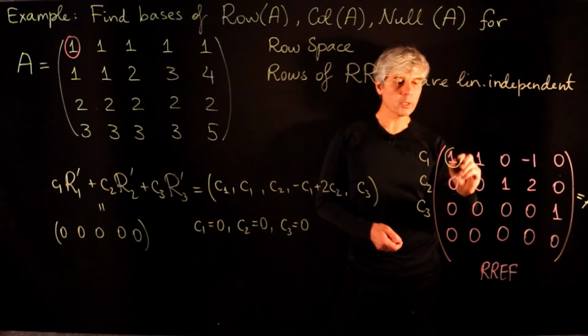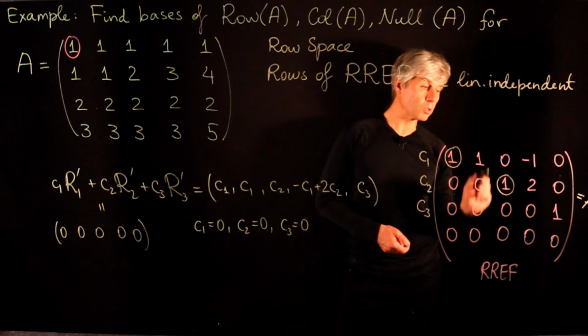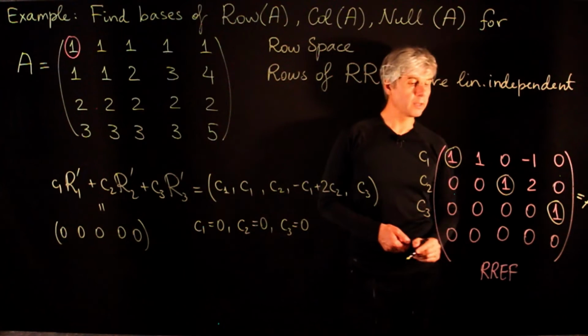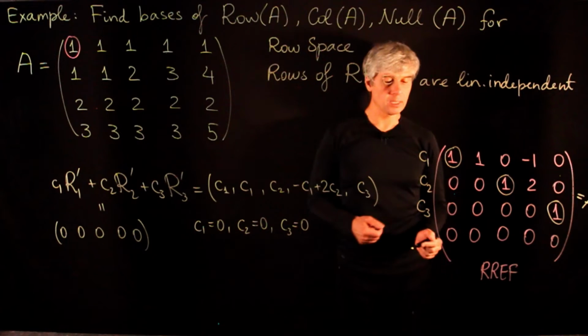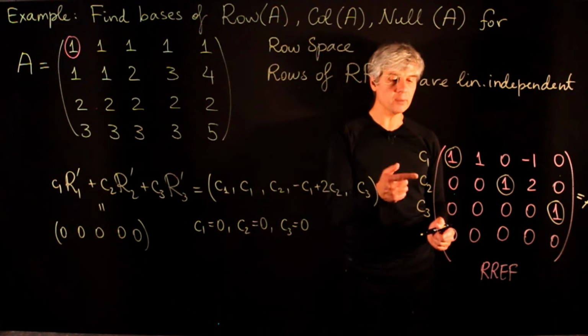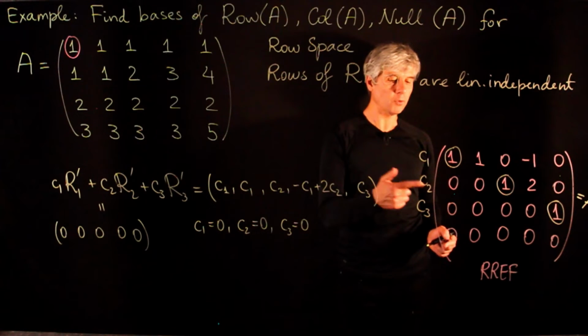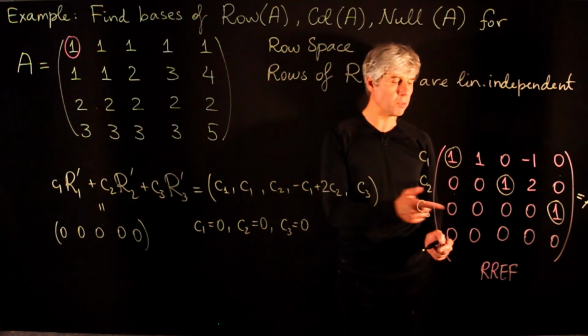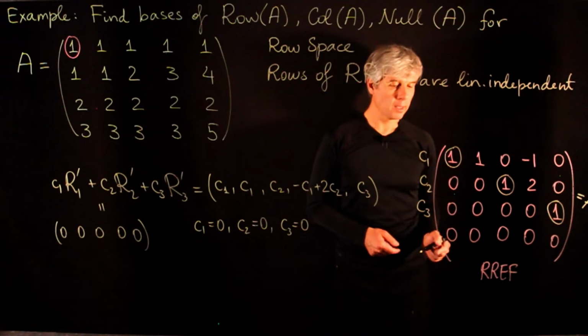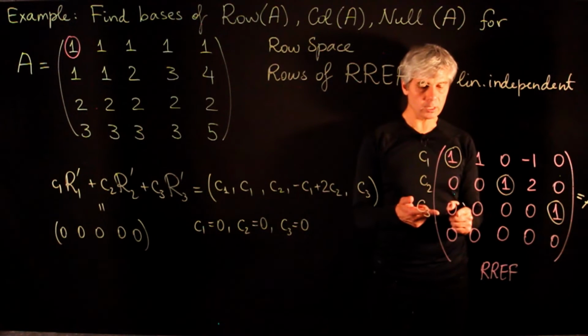It's true in general because in reduced row echelon form, we have these pivot entries, right? And so if we take a linear combination of these rows, say C1 times the first row, C2 times the second row, and C3 times the last row, then let's look at the pivot positions.